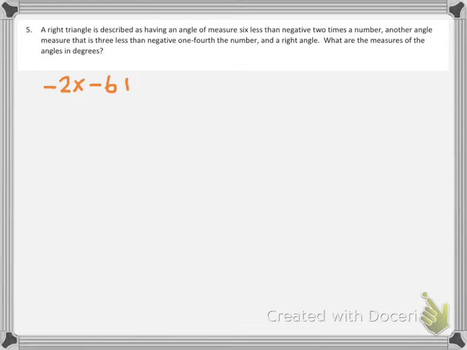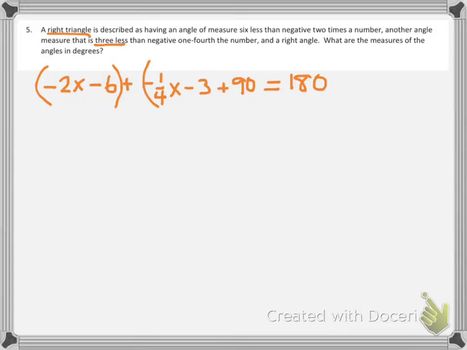So plus 3 less than -1/4 times the number, and 3 less than that, so minus 3, plus a right angle, which we know is 90 degrees. And remember, it's a triangle, so that's equal to 180. So there we have it. Our first angle is here, our second angle is there, and then our third angle is the right angle.